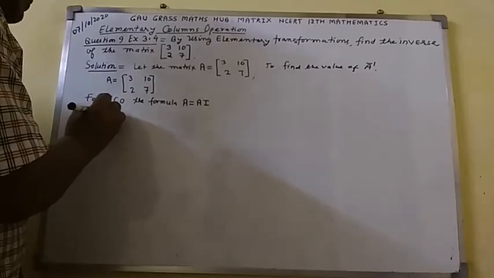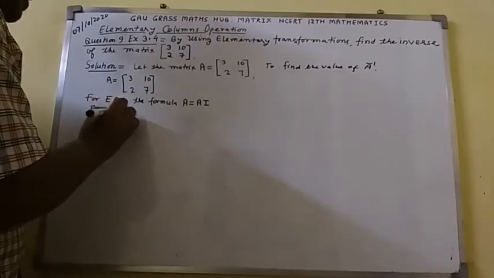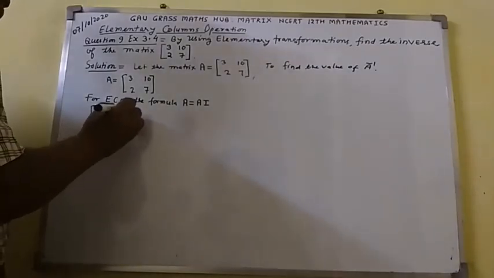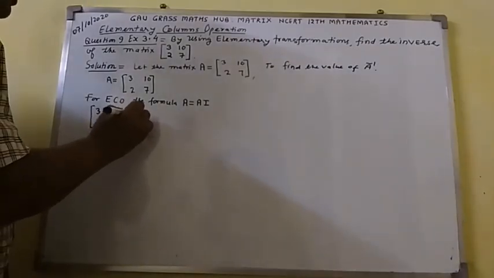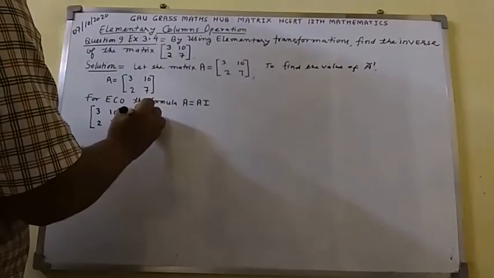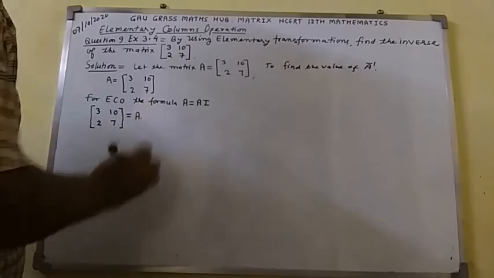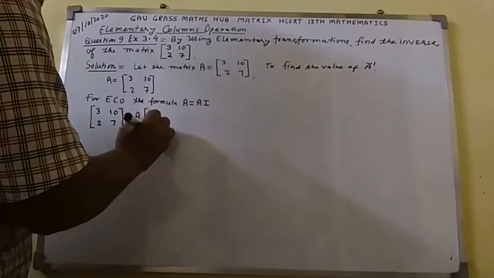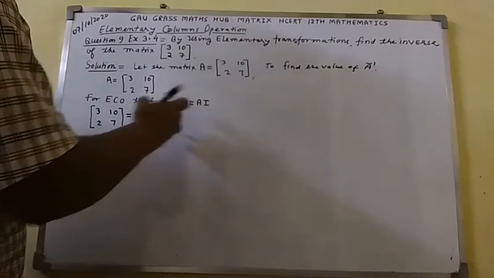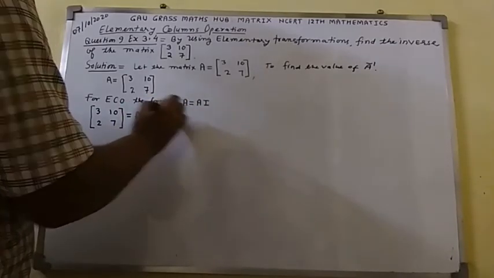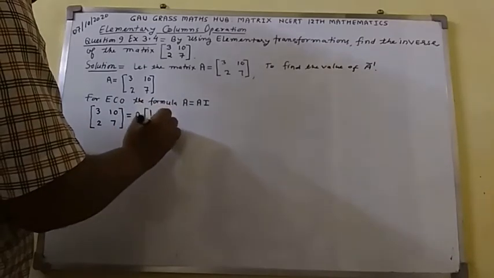The elements of the first row 3, 10. The elements of the second row I shall write 2, 7, equal to, here A is written as fixed here, and capital I I should write here, opening square bracket, with the elements of the first row 1, 0, and the elements of the second row 0, 1.